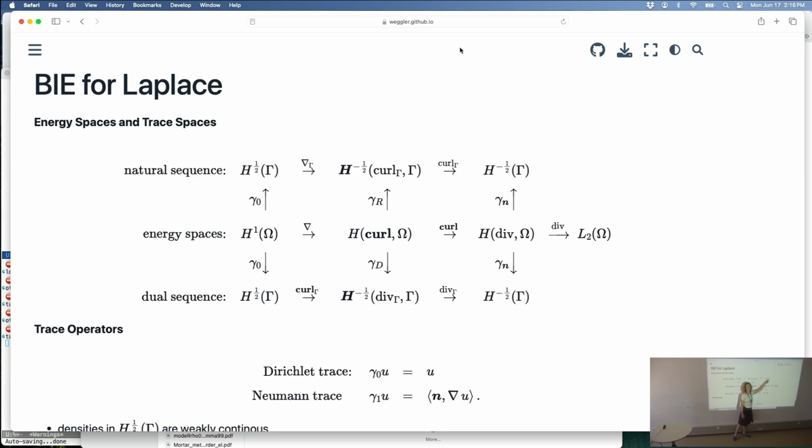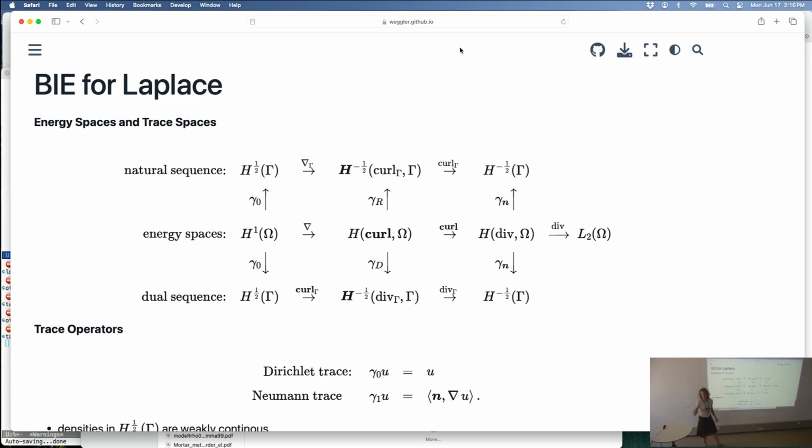So this is a scalar field. This is a vector valued field. This is scalar. In H^{-1/2}(curl) live densities which are tangential continuous. So the tangential component across an edge is weakly continuous. So you have to understand how this works for curved surfaces.